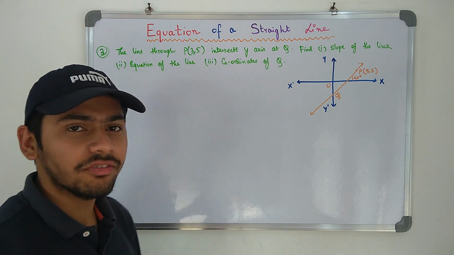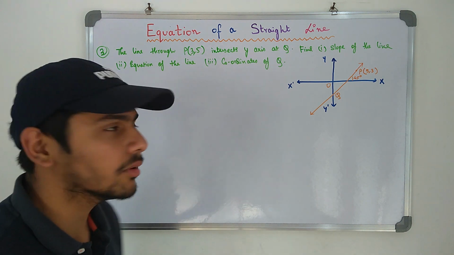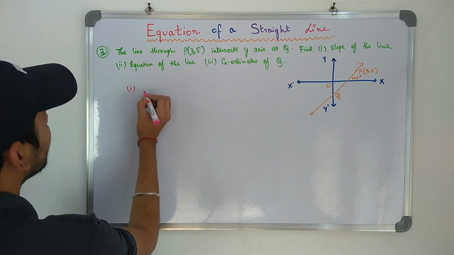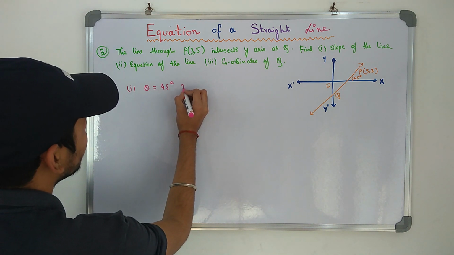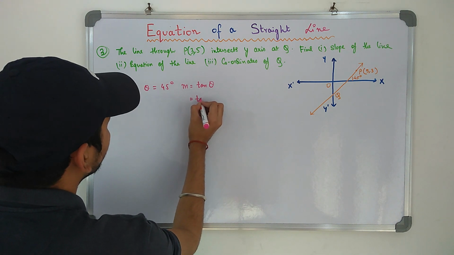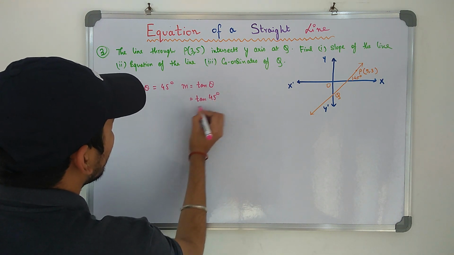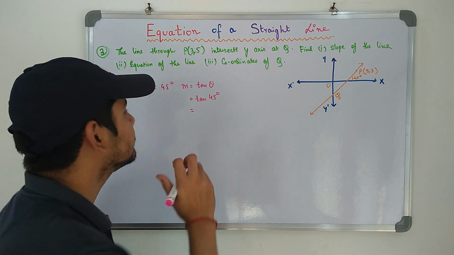Okay, now we know from the first video that if we have the angle of inclination, we can calculate the slope. How? If angle of inclination theta is given as 45 degrees, then slope m is equal to tan theta, which is equal to tan of 45 degrees, and we all know tan 45 degrees is equal to 1.